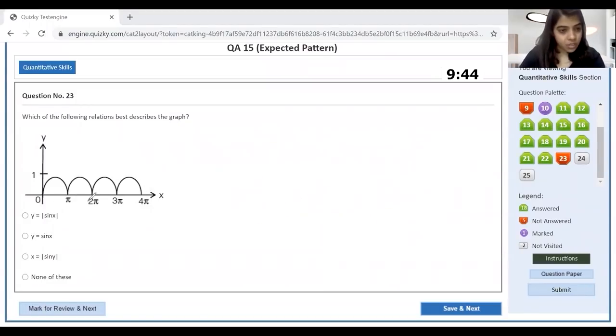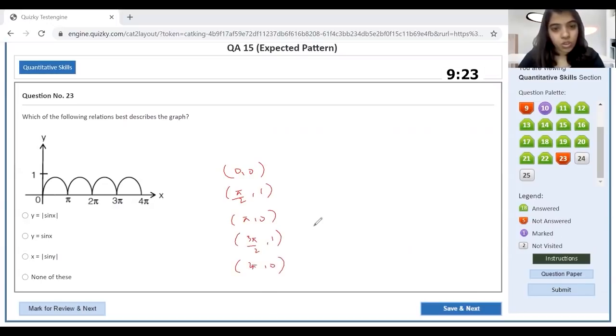Okay, which best describes the graph? Fine. So what is it? 0, 0. If this is pi by 2, pi by 2, 1. Pi, 0. 3 pi by 2, 1. 2 pi, 0. So y is mod sine x.